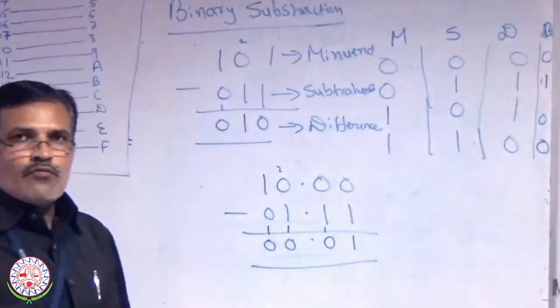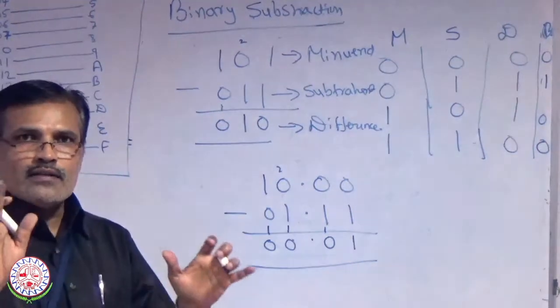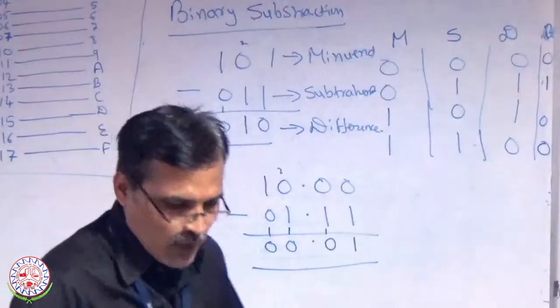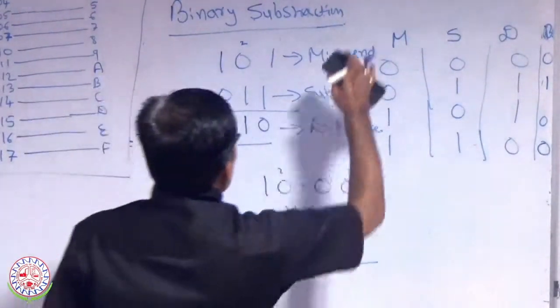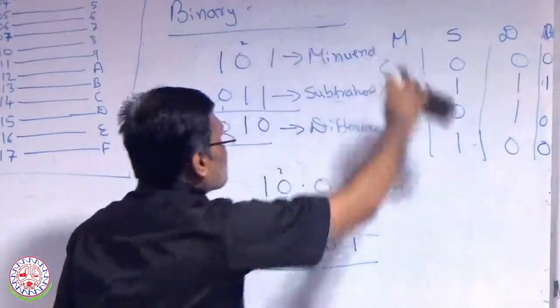So very simple, follow the same rule that you apply for the decimal number system operation. Then similarly, the third binary arithmetic operation is multiplication.